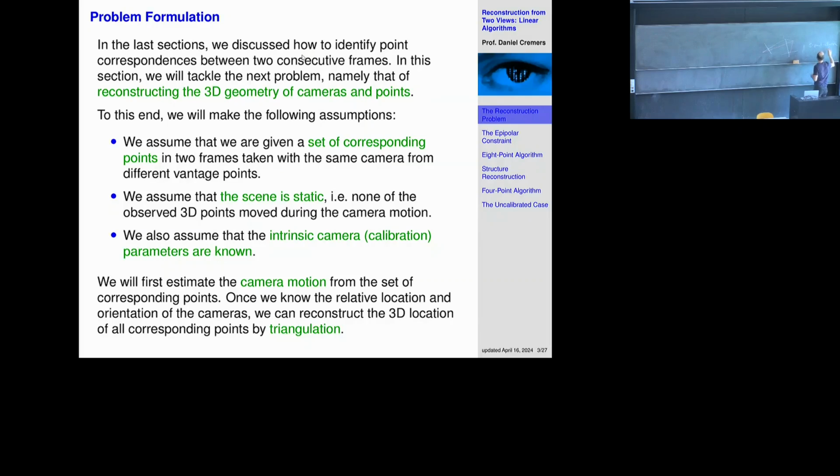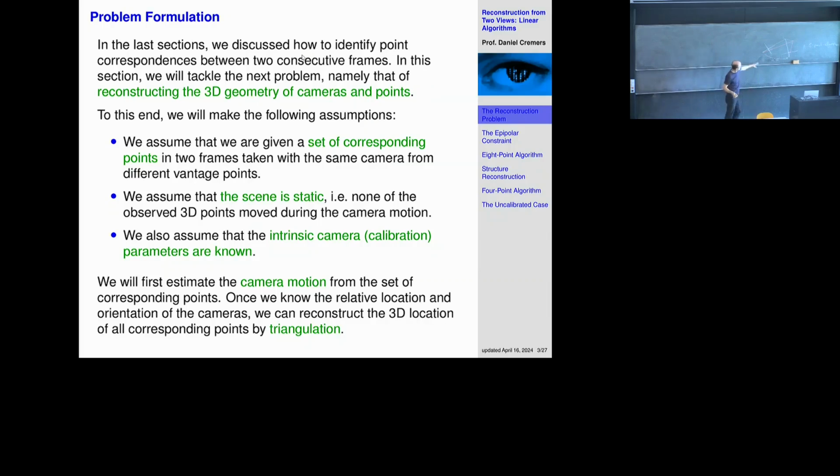And as the name indicates, it takes 8 corresponding point pairs in 2 images, and it reconstructs both the motion of the camera, so the rotation and translation that gets you from one camera into the other, and also the 3D location of these points.